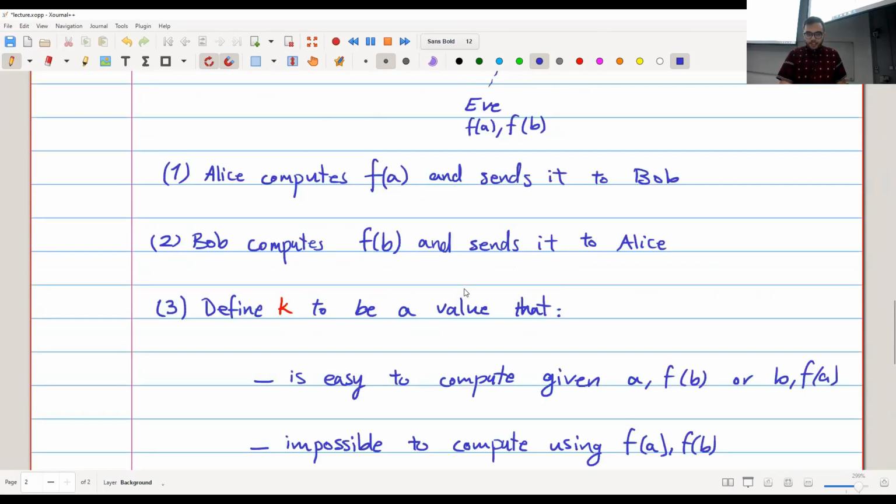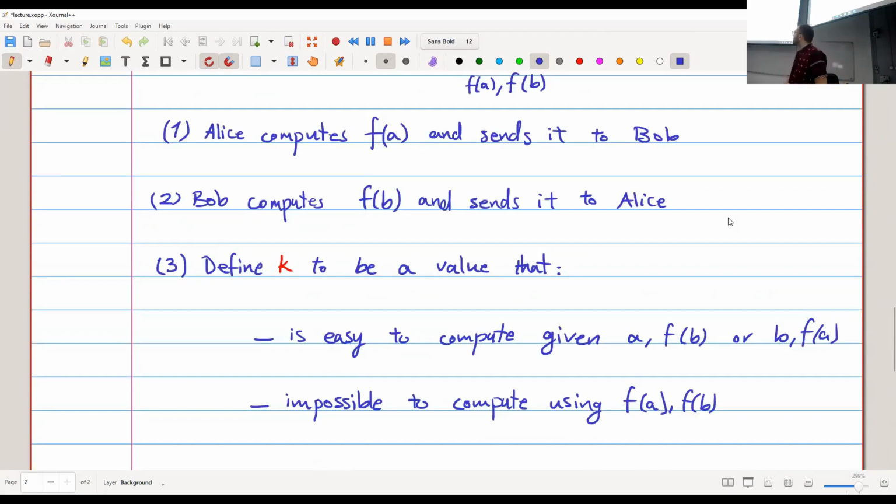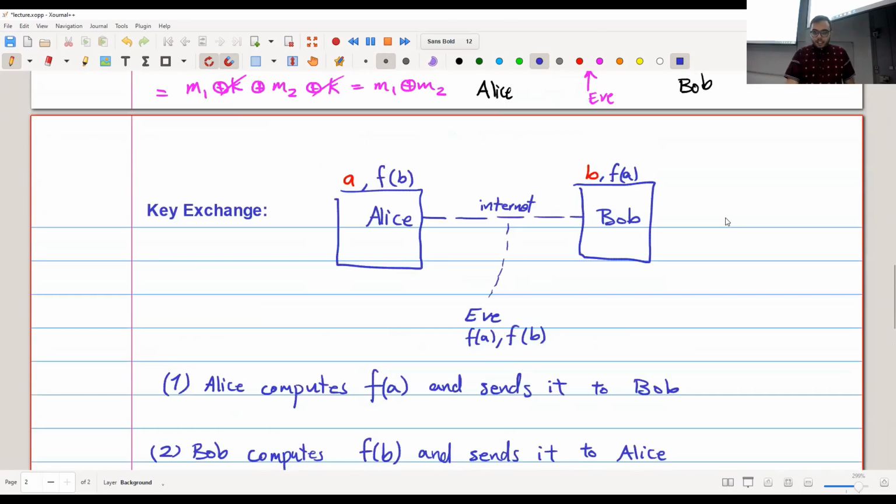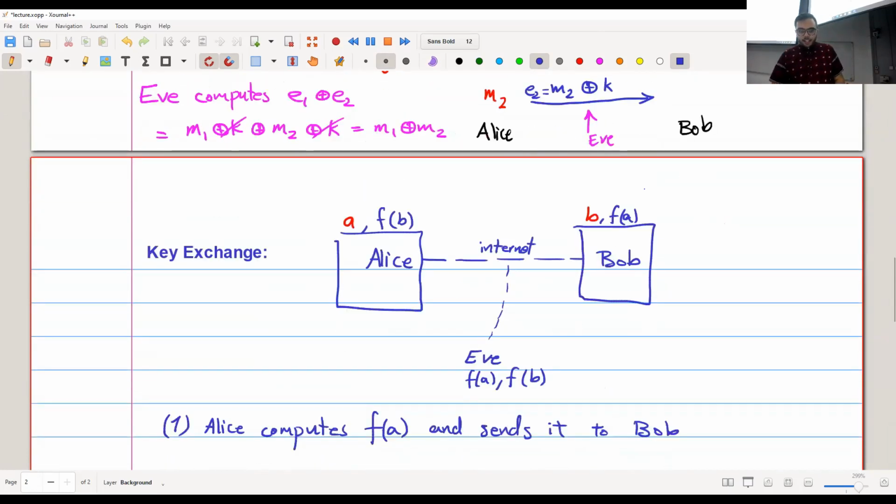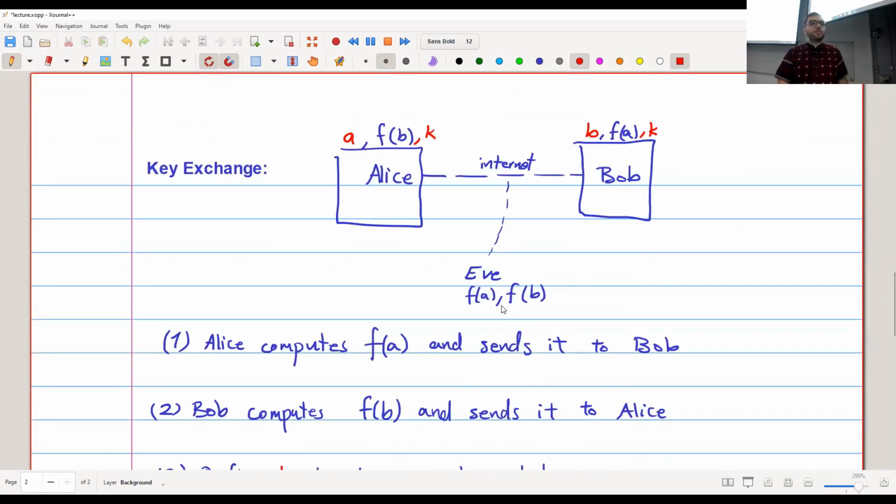Now, if I can somehow design something like this, this is what I will call a key exchange protocol. Then I have a very nice property here, because at this point, Alice has A and f of B, so she can just compute the value of K. And Bob also has B and f of A, so he can compute the value of K. But we said that it's impossible to compute the value using only the f values, so Eve cannot compute it.